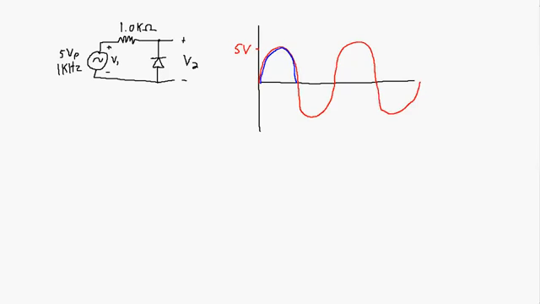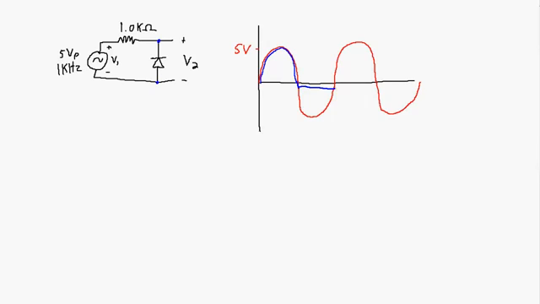On the negative half of the cycle, this voltage here needs to be about 0.7 volts higher than the voltage on this side in order for this diode to become forward biased, and then the voltage across the diode is not going to change much from that 0.7 volts. That's not going to happen until our input voltage gets down to about minus 0.7 volts, and then it's going to be a constant 0.7 volts.